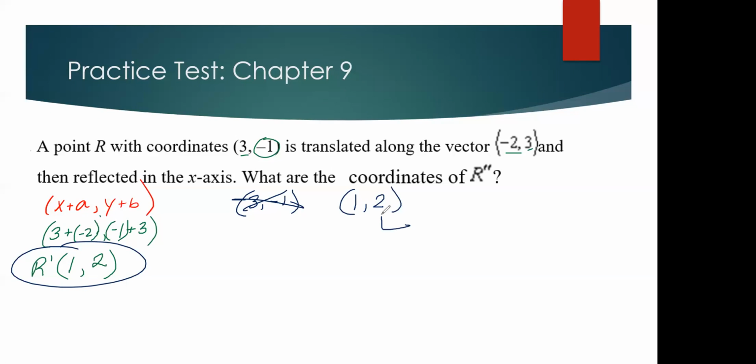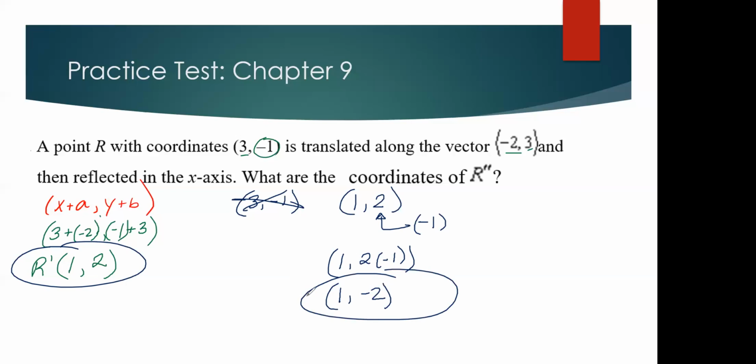We are going to multiply the y coordinate by -1, okay? So we'd have 1 and then 2 times -1, and then that would be 1 and -2. Okay, so that would be the reflection after the translation. So this is the final answer. There are 2 steps to this problem, because it's first asking you to translate it along a vector, and then it's asking for the reflection of that translation.